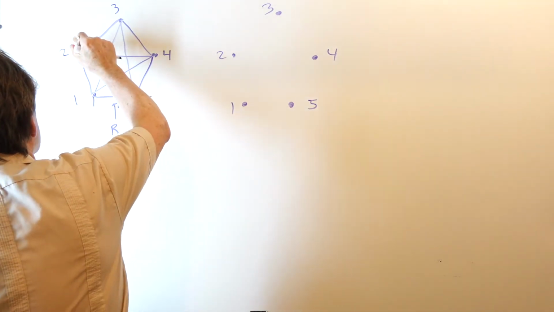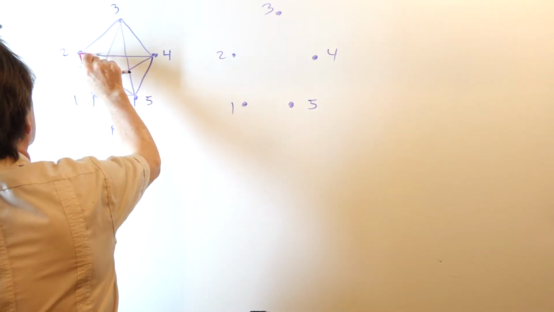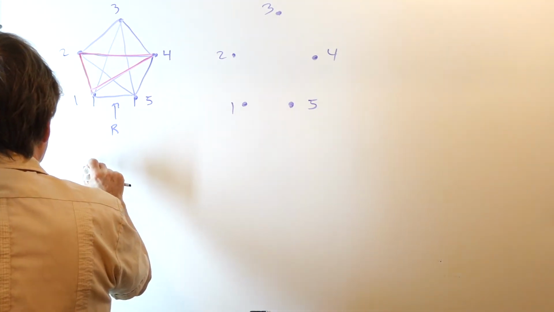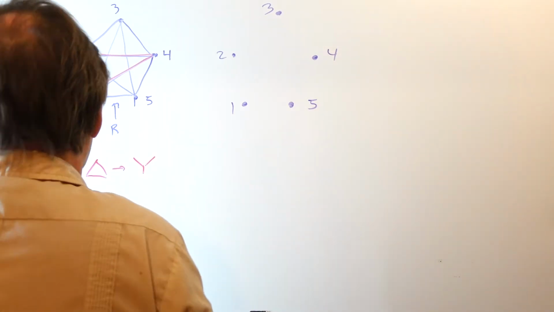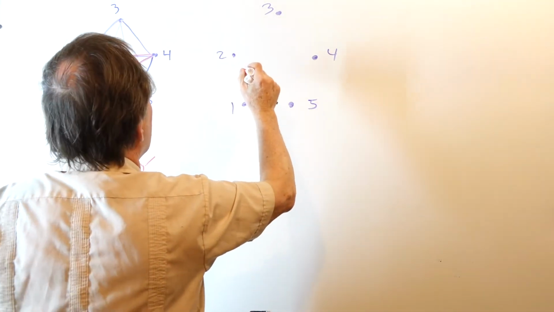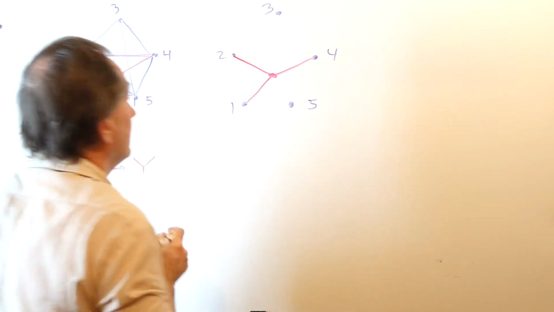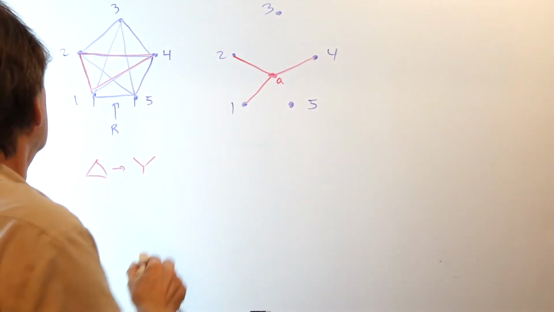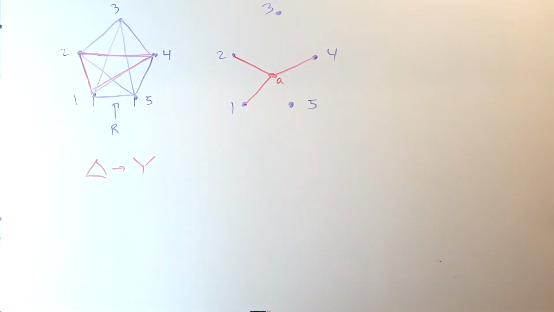So what we're going to do is look at the delta connection with those 3 resistors. Remember, we can take a delta to a Y. So going between 2, 1, and 4, we can convert, and we create a node. Let's call this A. So, we've now eliminated 3 elements here.